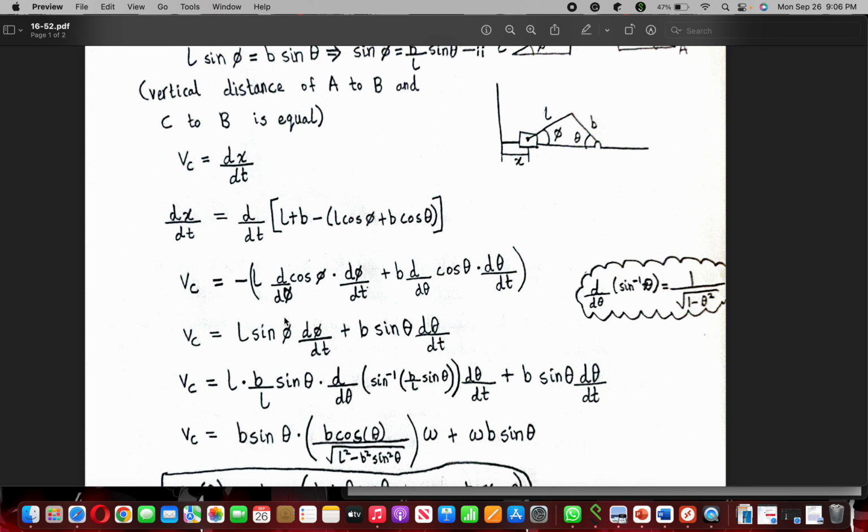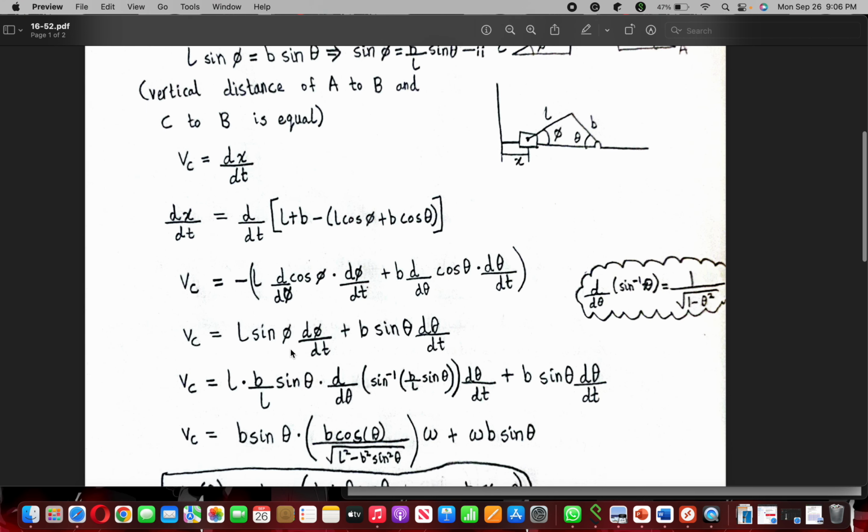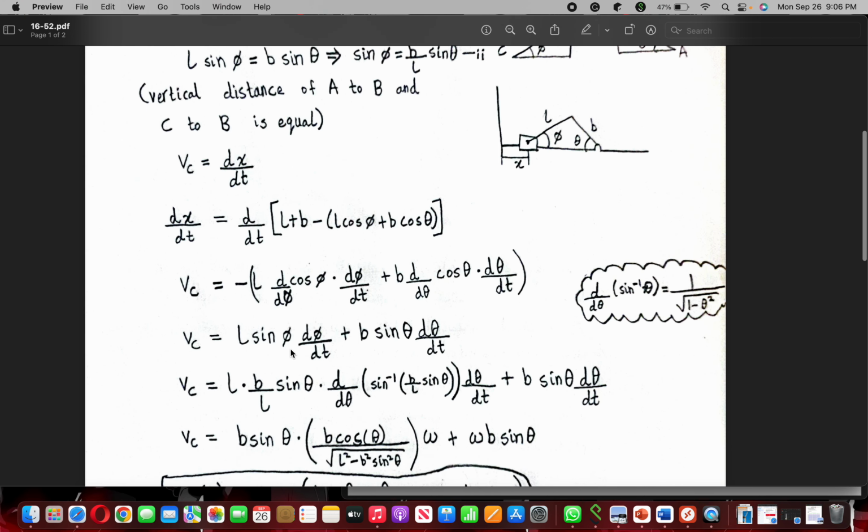And to differentiate φ in the differentiation d over dt, we replace that with sin inverse of (b over L) sin θ. As you can see on the side, if we differentiate sin inverse θ, we get 1 over under root 1 minus θ square.